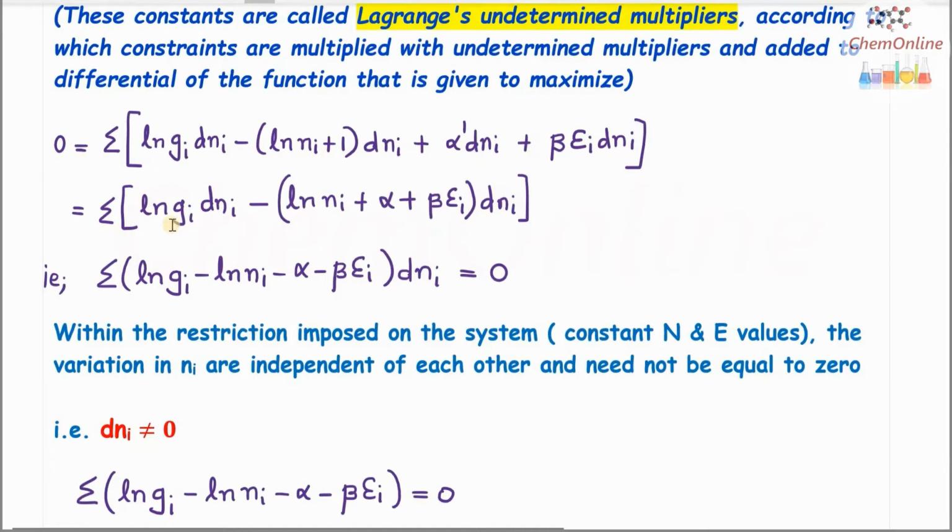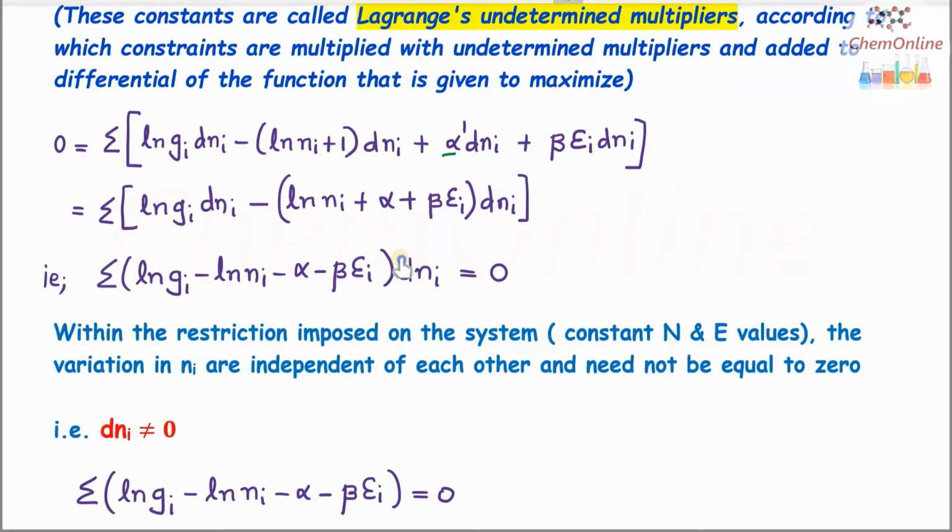Now dni is common. So you can write summation log gi dni minus, here you have log ni plus 1 plus alpha dash plus beta epsilon I, and 1 plus alpha dash is written as alpha here. Okay. So we multiplied with the constant alpha dash. Here you have 1 and alpha dash.